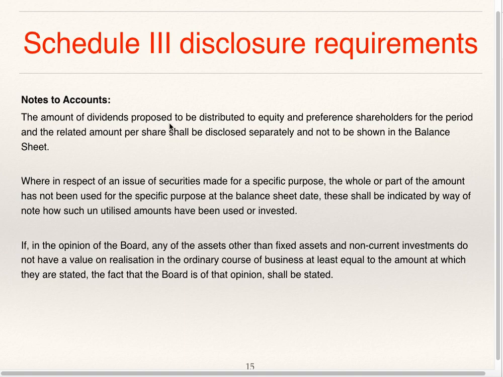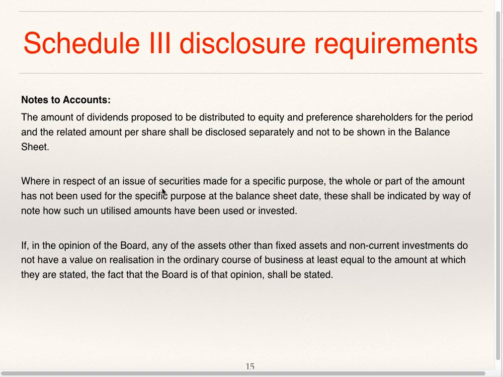The amount of dividend proposed to be distributed to equity and preference shareholders for the period and the related amount per share shall be disclosed separately and not shown in the balance sheet. Proposed dividend per share is to be disclosed separately as notes to accounts.